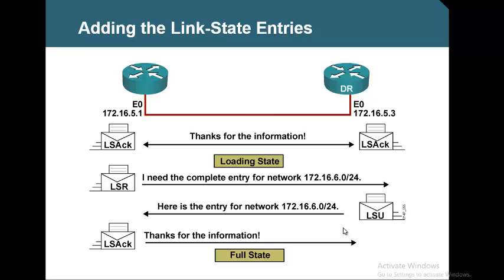With this, they conclude who will initiate the DBD. This decision is what is called exchange start. This is opening the gates to start exchanging the database. So we call it start state.